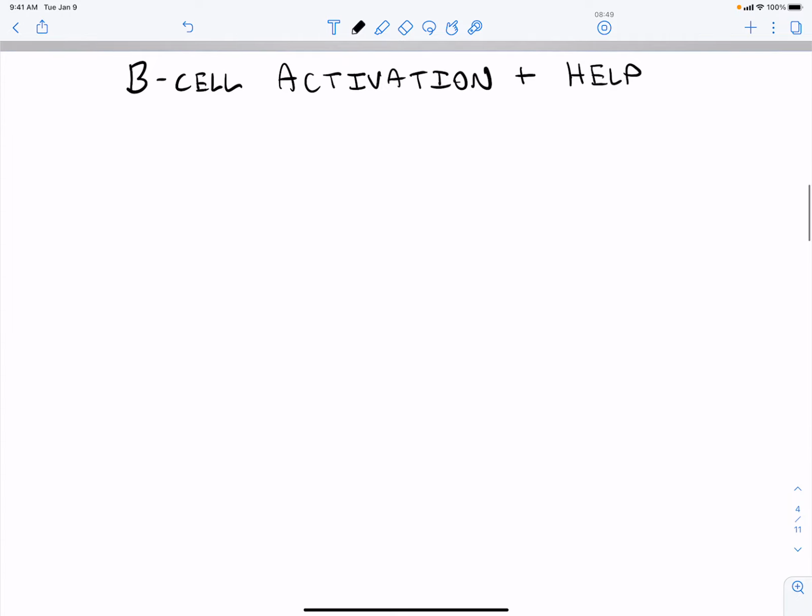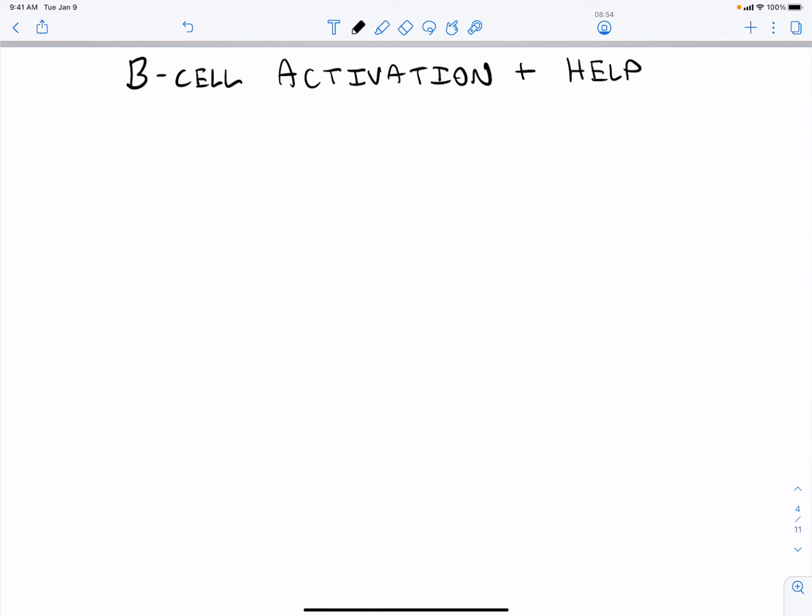So let's talk a little bit more about B cell activation and help. So we're going to do this from the perspective of a lymph node. And so I'm just going to draw very vaguely the lymph node areas.